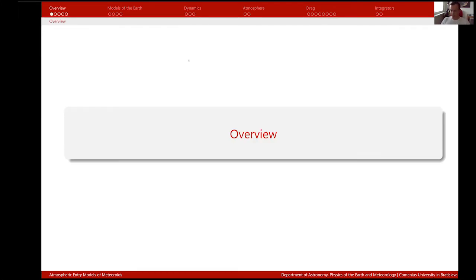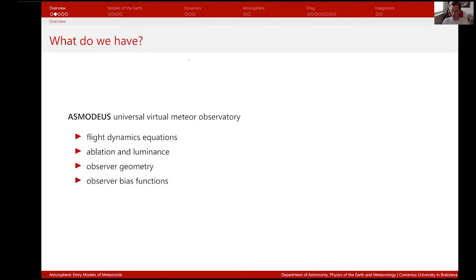I'm currently writing something called a rigorous thesis, a minor one, before obtaining my PhD. So I had to decide on a project that is not directly related to what I'm doing for my PhD. As you may recall, I have written a universal virtual meteor observatory named Asmodeus, which tries to be, just like Felix and Dusan have mentioned, a simple and not very complicated simulator.